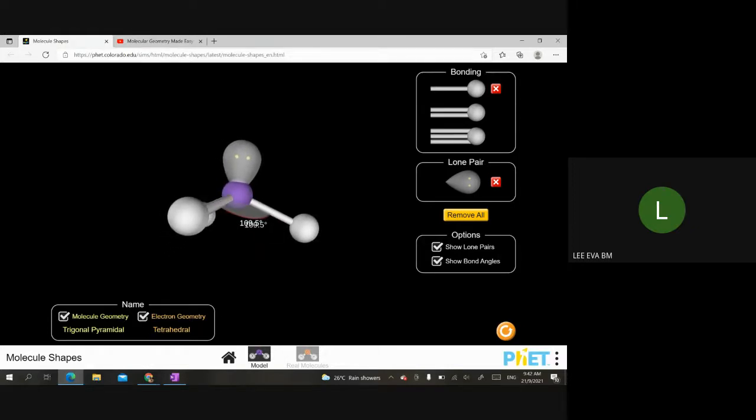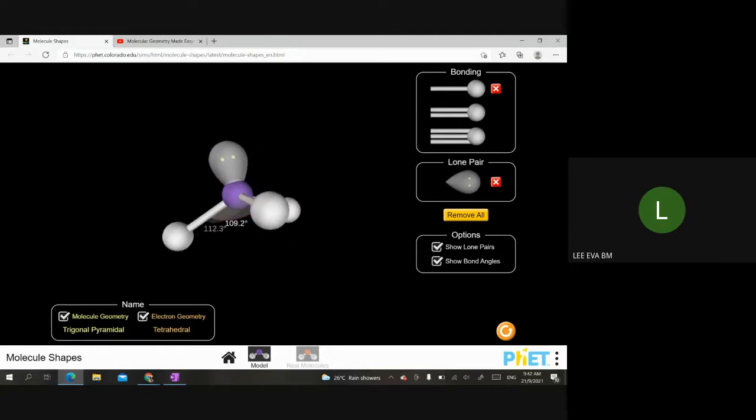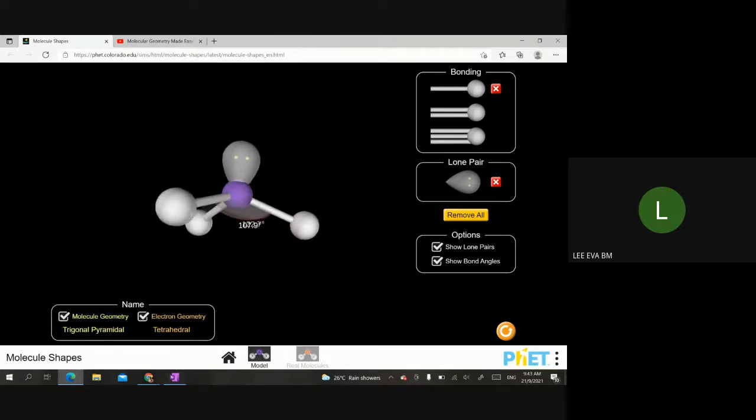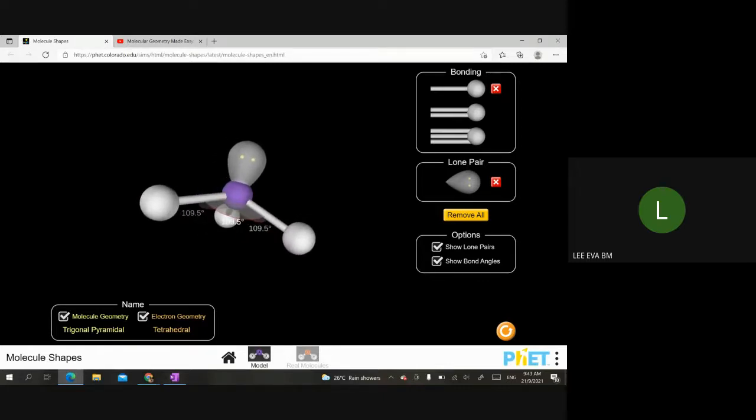Dia bukan planar, tadi kita ada planar. Ini bukan atas planar. Maksudnya center atom is not on the same plane as the surrounding atom. So ini adalah pyramid. Okay, so the bond angle should be less than 109.5.